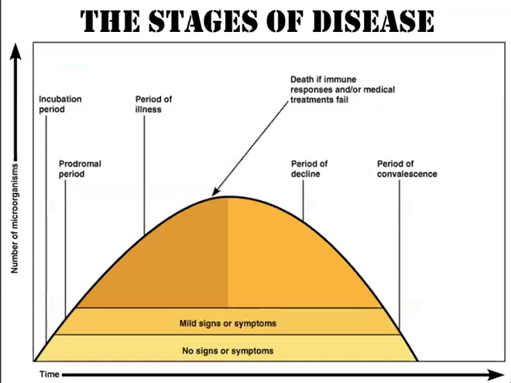Okay? Stages of the disease. So, disease process ng tao usually coincides with the growth curve of the bacteria. If you look closely, at the very beginning here, incubation period, ito yung lag phase ng bacteria.